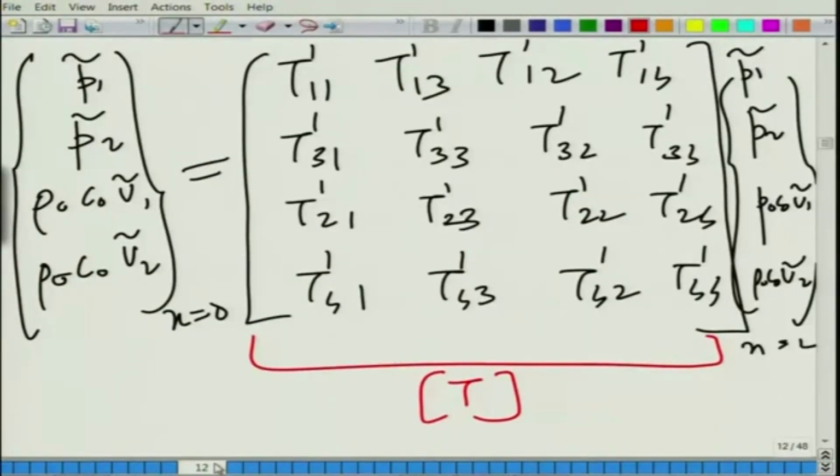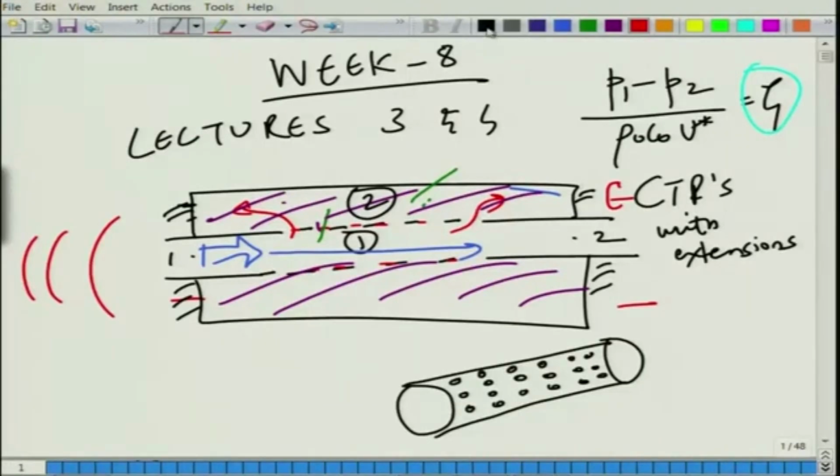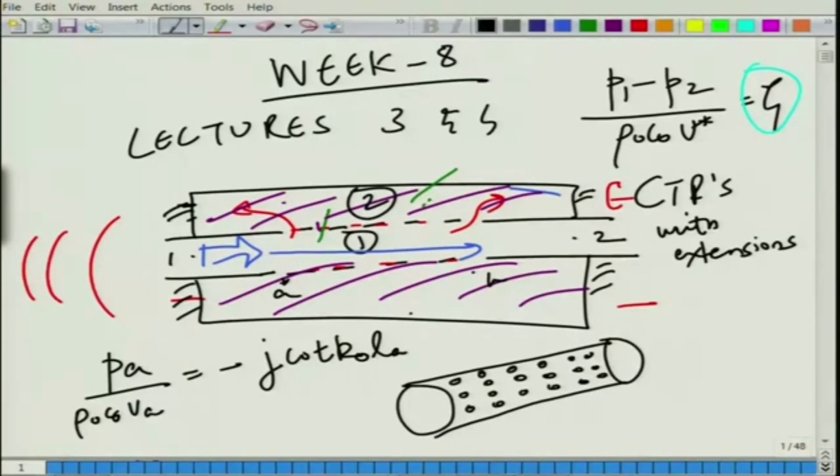As a result, let me go back to this place, at this particular place A and this is B. Pa by rho naught c naught U A will become minus j times cot k naught L A, assuming that this is L A and this is L B. Here the velocity is obviously looking into the cavity, so we have to change the sign, so we put a minus sign and this will become plus.